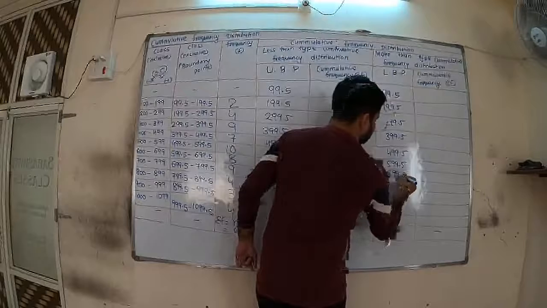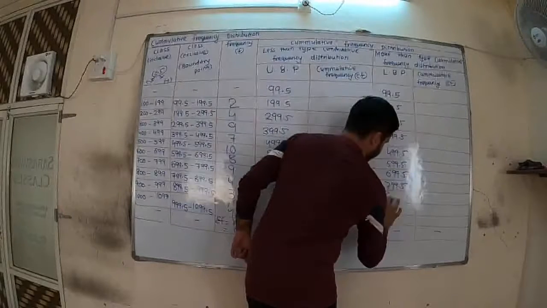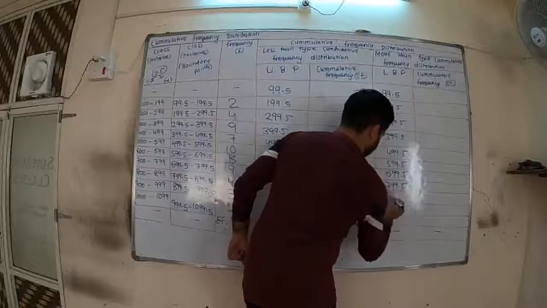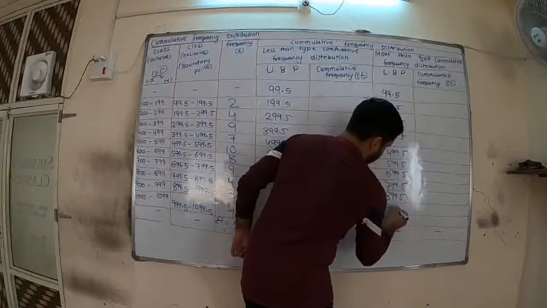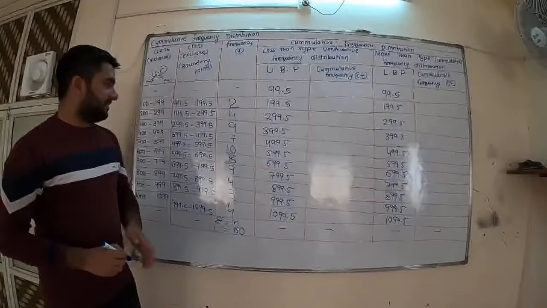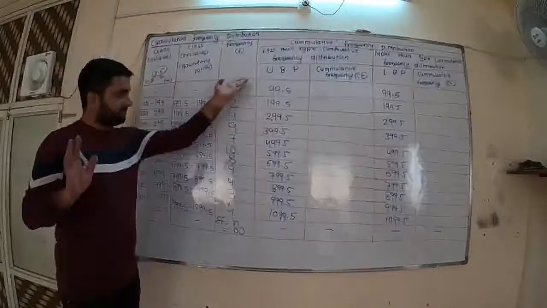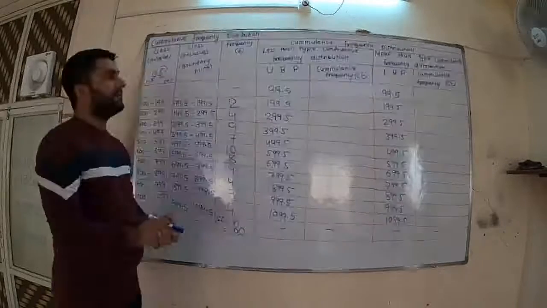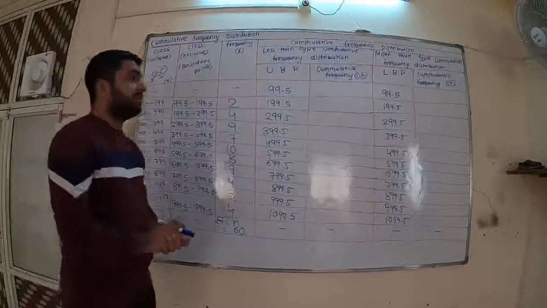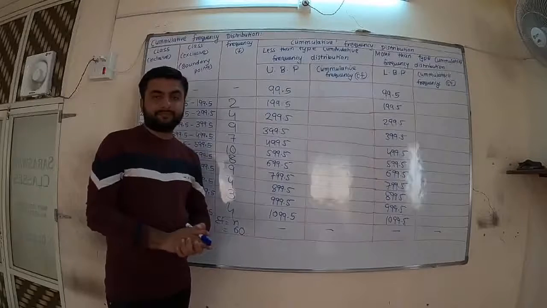699.5, 799.5, 899.5. Now the cumulative frequency.